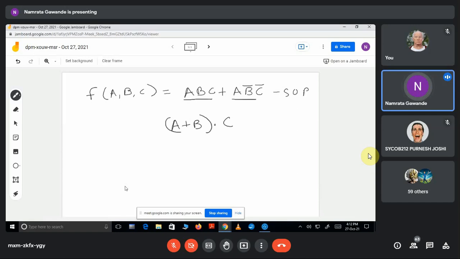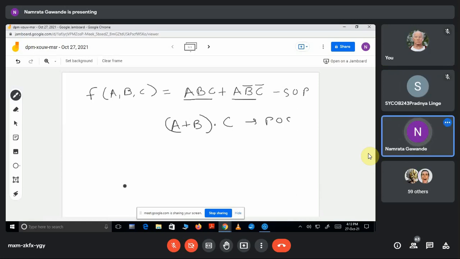Which form is this? Product of sum. Okay, so this is the product of sum. Here you can see there are two terms, but in one there are two literals, and in the other term there is only one literal. Here the dot is there.